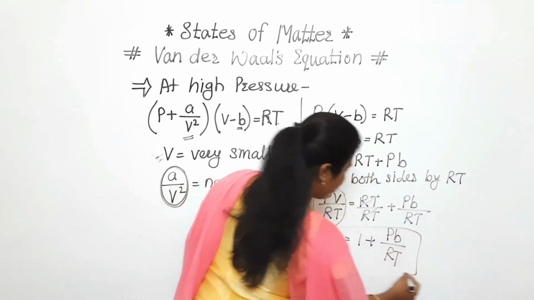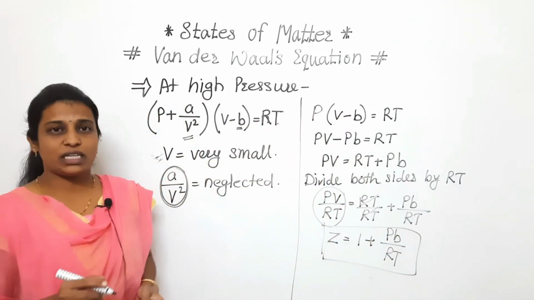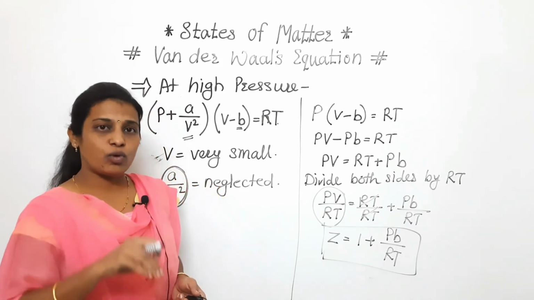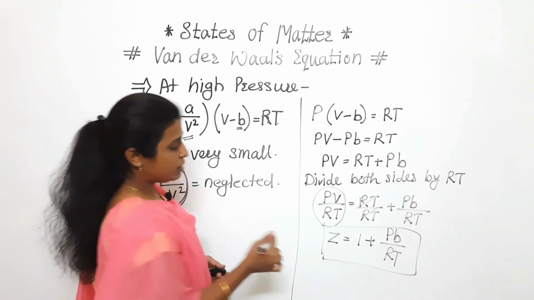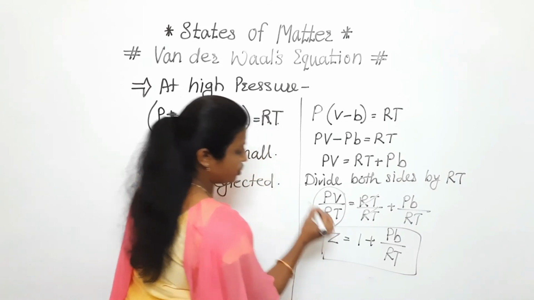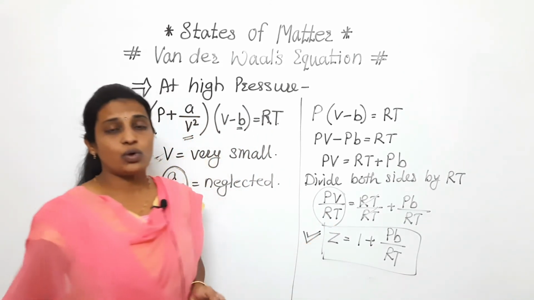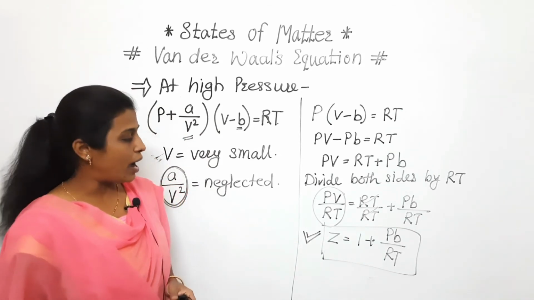Hope everyone understood that if the question is what will be the van der Waals equation at higher pressure, then we have to select this option and that will be correct. What is that equation? That is Z is equal to 1 plus PB by RT.